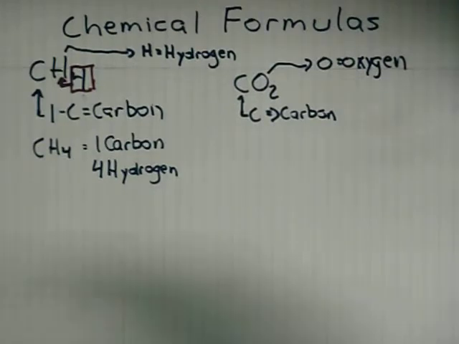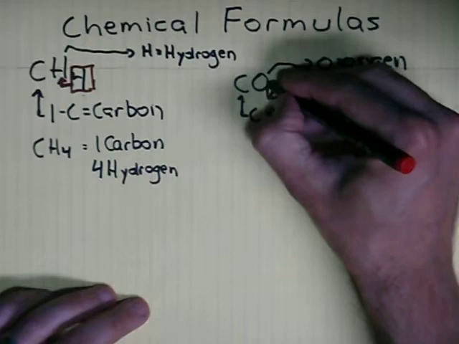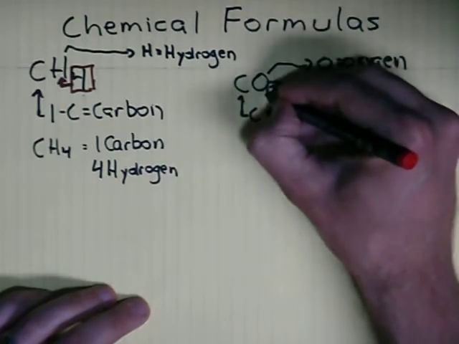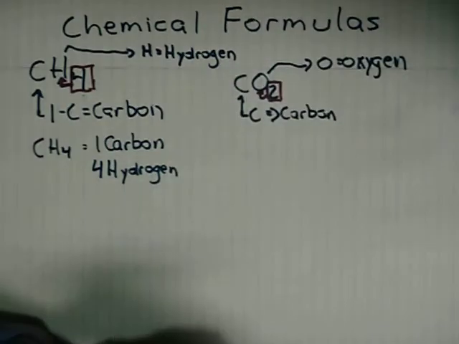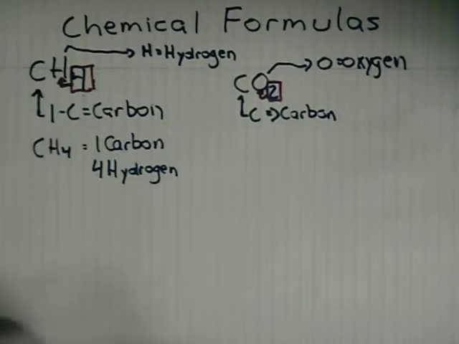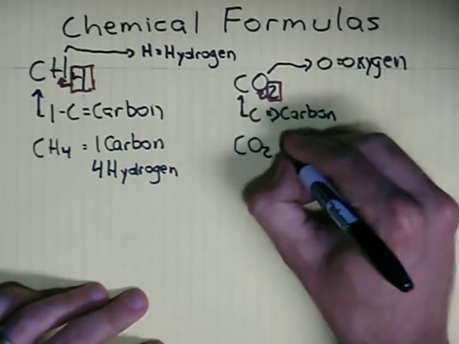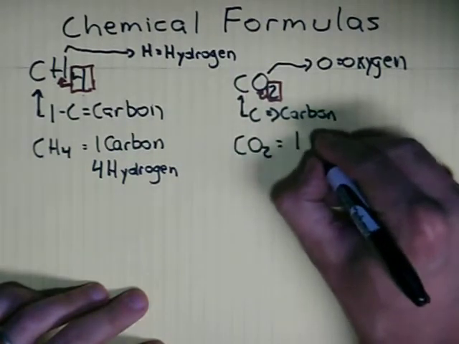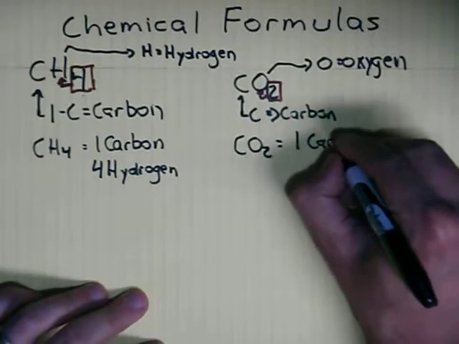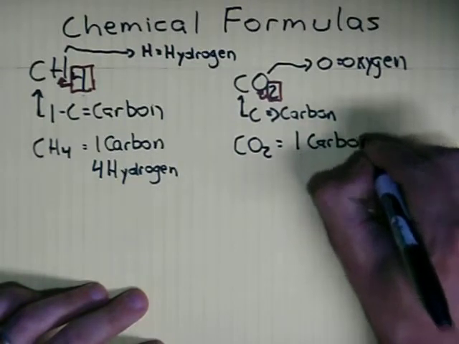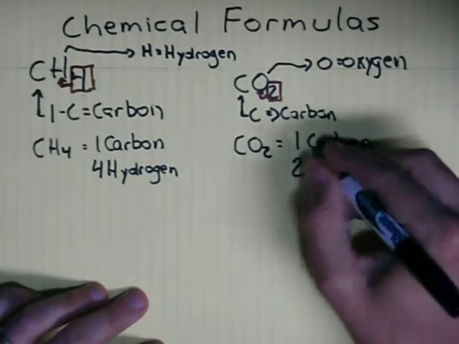And just like last time, we've got a number here. This 2 tells us how many oxygens we have. So carbon dioxide, CO2, is 1 carbon atom and 2 oxygen atoms.